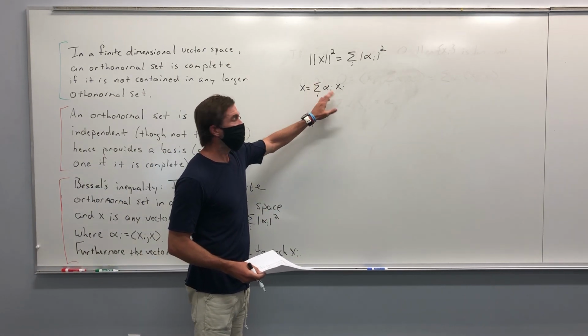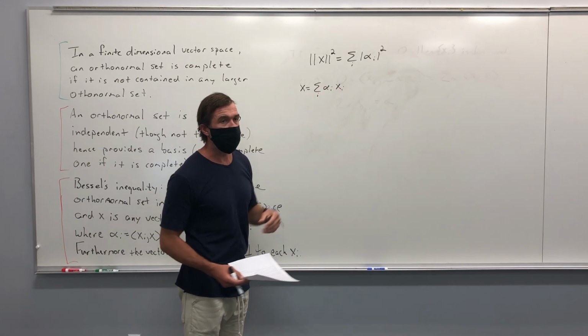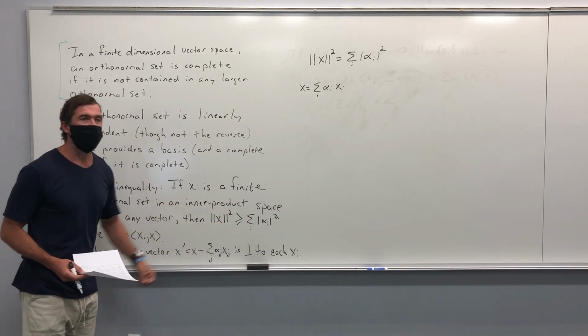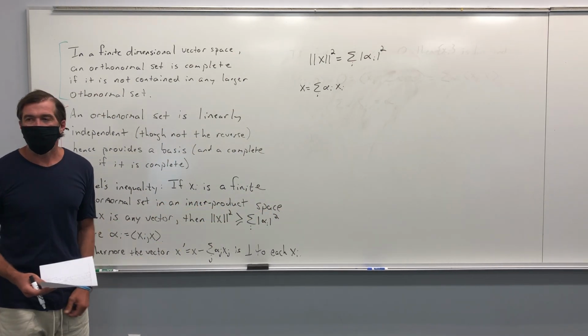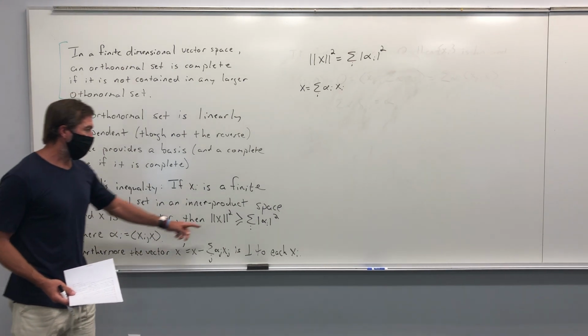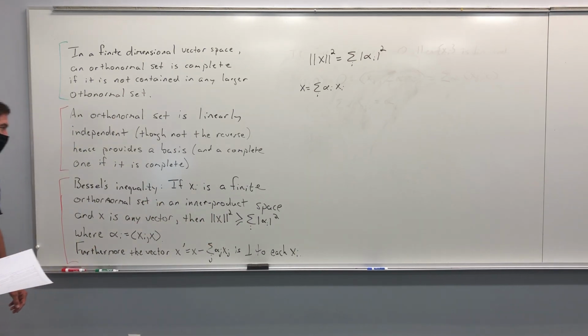So when you take the inner product of itself, these all give you 1, so that just gives you alpha i squared, and then you sum over them. I mean, it's not wrong. Well, it does include the equal there, but what here?